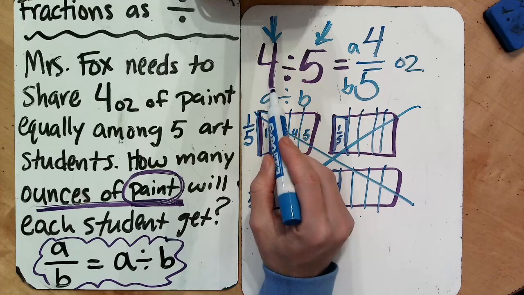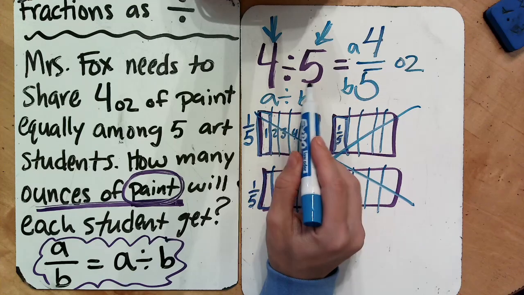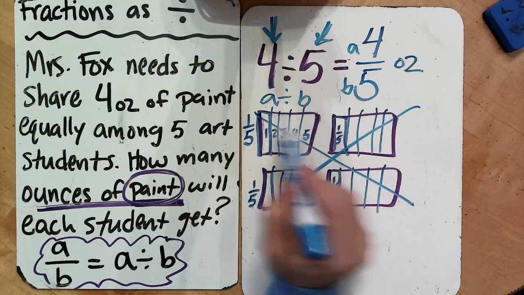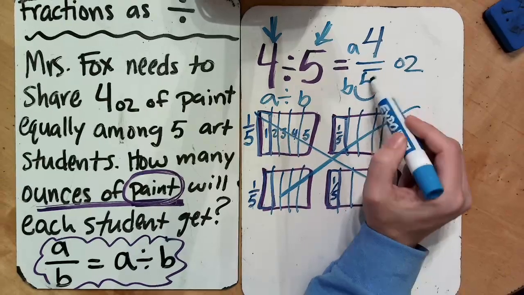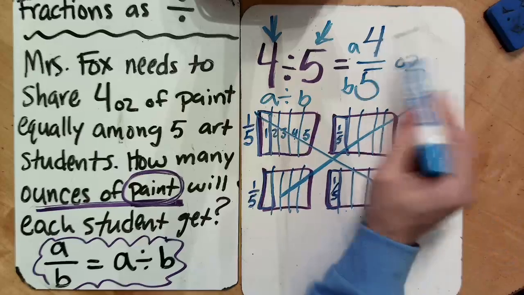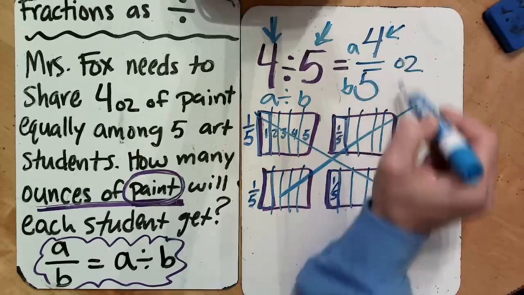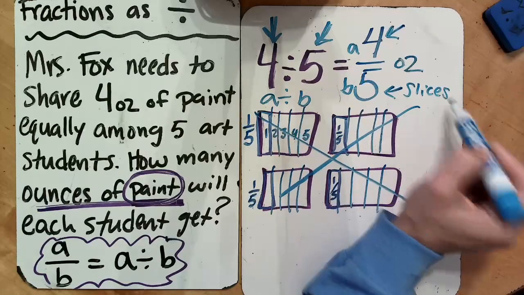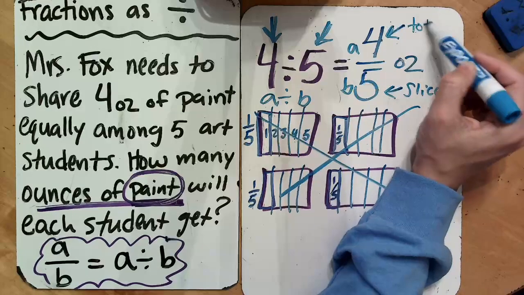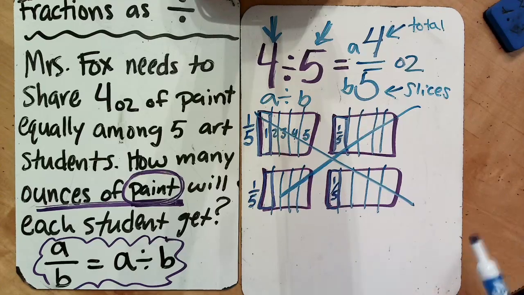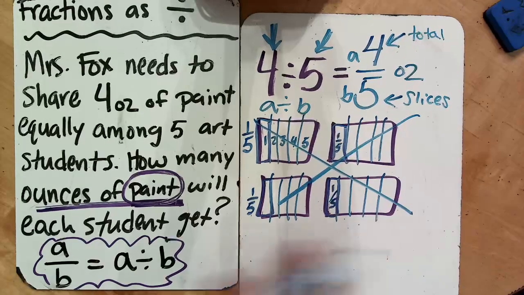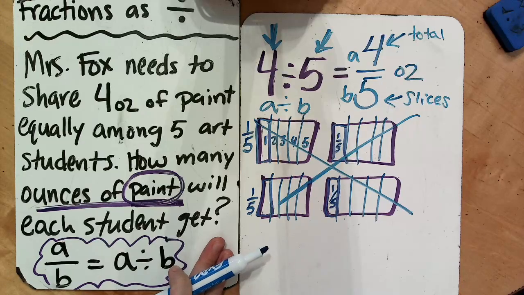Right here is the amount that I own, how many slices I'm going to break it up into. Same thing as saying A over B. The amount that I own, the amount of slices. This is the total that I have. Okay, the total and our slices. That is all that they need to do with these kinds of fractions as division problems.